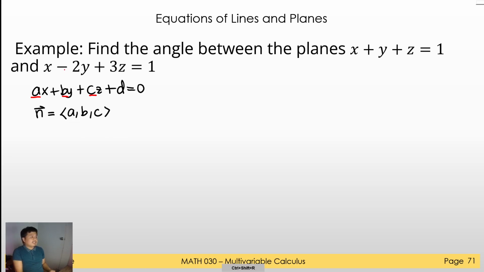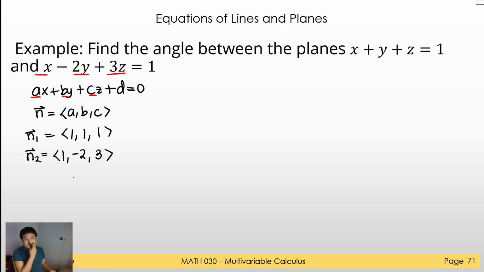So the first plane has an orthogonal vector whose coefficients of x, y, z are 1, 1, and 1. And for the other plane, the coefficients are 1, negative 2, and positive 3. So we already have the two vectors.